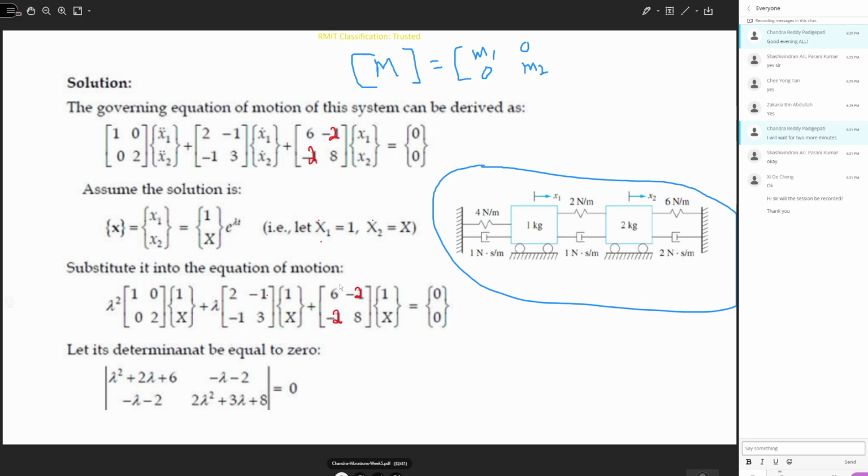Now M1 is 1 and M2 is 2, so we write the mass matrix as 1, 0, 0, 2.